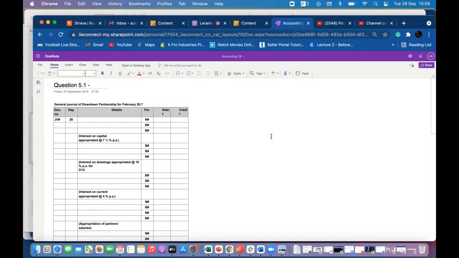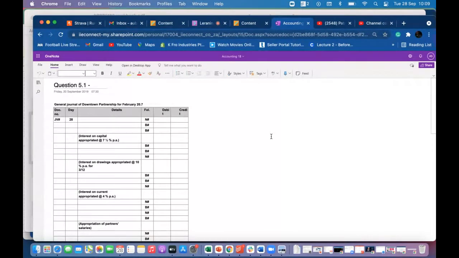What's happening here is we're now getting into only looking at the equity accounts, because those are the only accounts that are different. So what we then want to do is deal with what the differences are, basically.